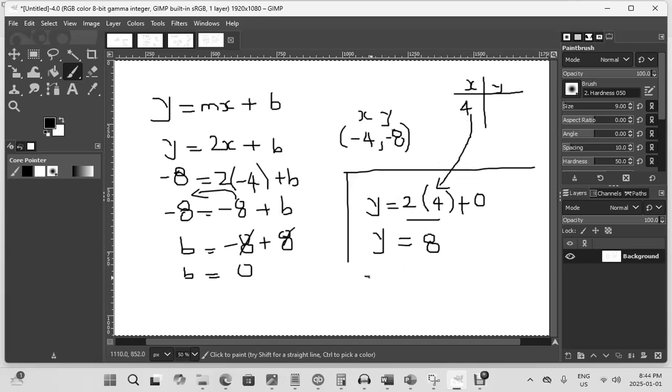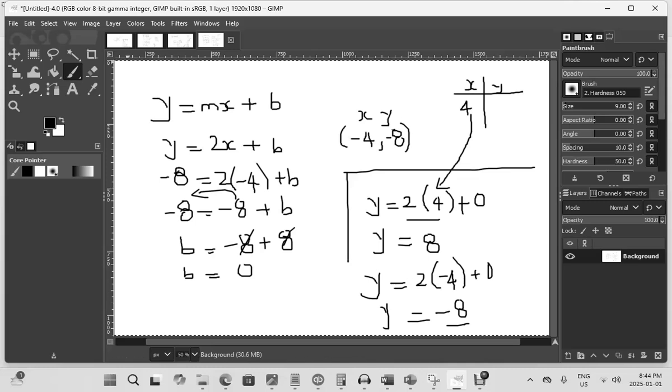If you sub in negative 4, for example, this will be 2 times negative 4 plus 0, which means y equals negative 8. This will be your y coordinate. Likewise, if you knew what your y was and needed to figure out your x coordinate, you can sub in the value for y and figure out x.